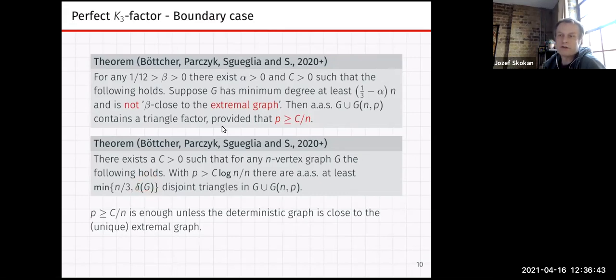So essentially, for delta G many vertices, you find disjoint triangles. And that's very nice, right? There is a natural boundary, this n/3. If your min degree is at least n/3, then you know that you have a perfect factor. If your degree is below n/3, you cannot find a perfect factor, but you can find at least the min degree many disjoint triangles in your perturbed graph.